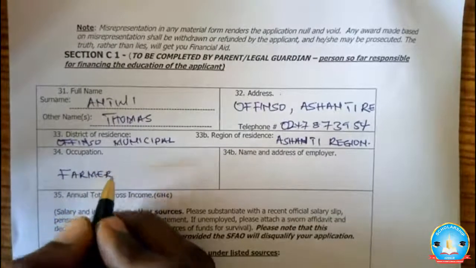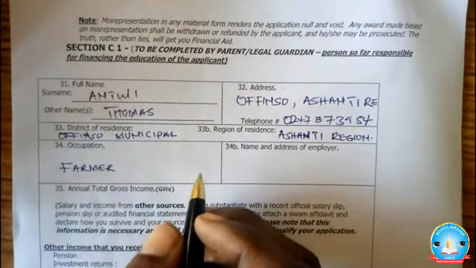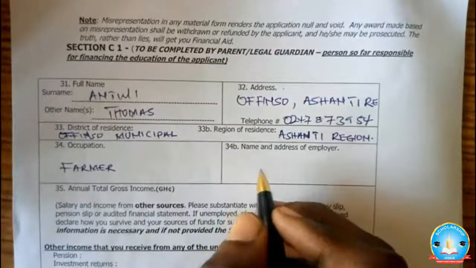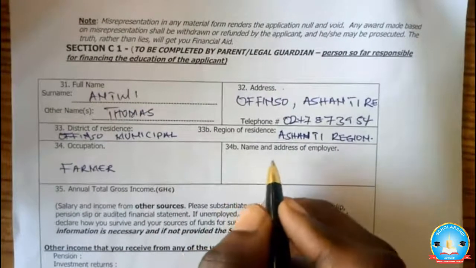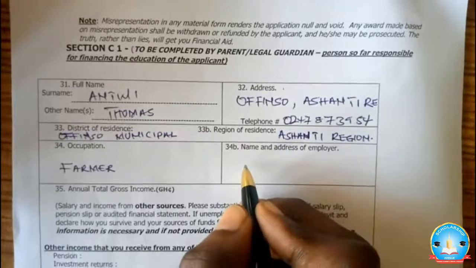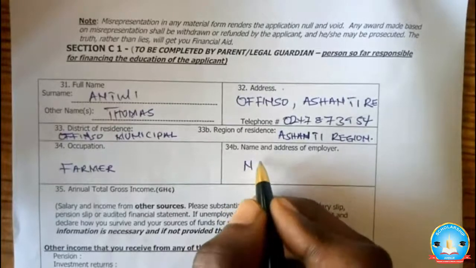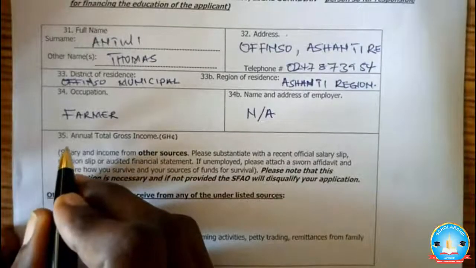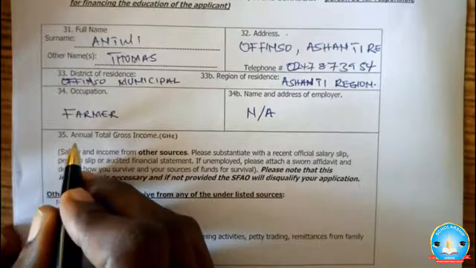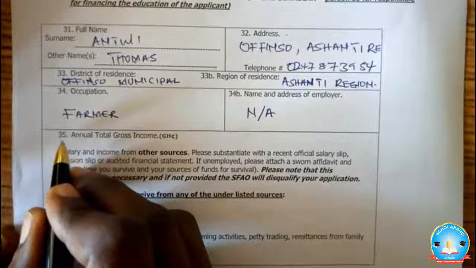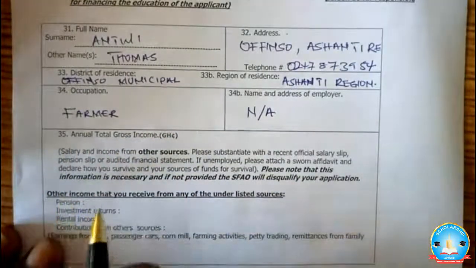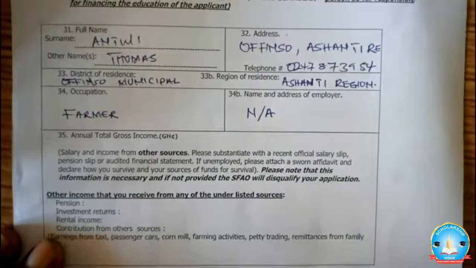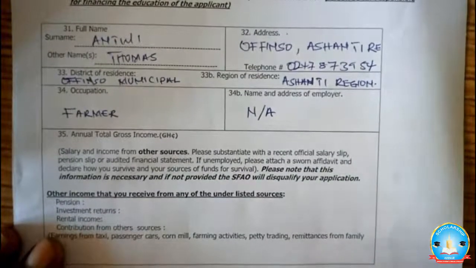So my father is a farmer. Name and address of employer: my father did not have an employer, so not applicable. Then we have annual total gross income. That is the amount of money my father received in the course of the year.